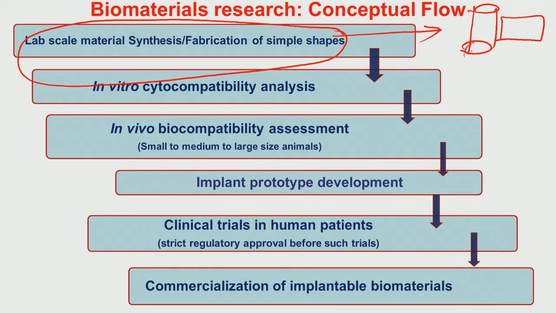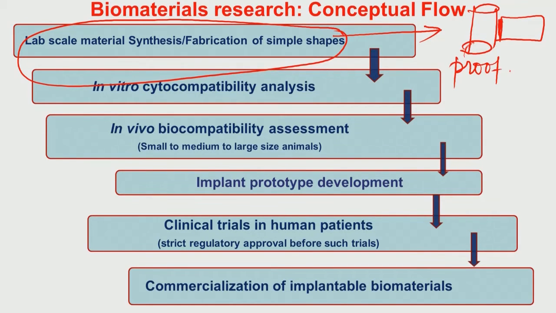However, we start with the simple shaped material because simple shaped material is required for standard material testing, like whatever strength property you are testing, or hardness, or fracture toughness, or even microstructural phase assemblage study. You need very simple shaped material so that you can establish what I call a proof of concept.